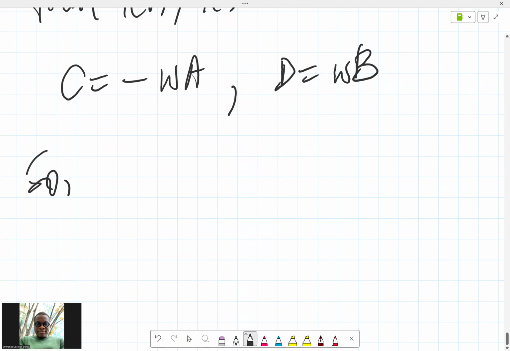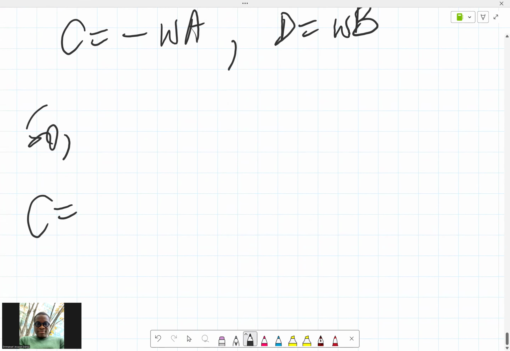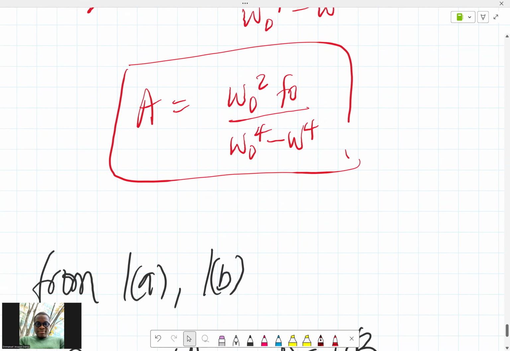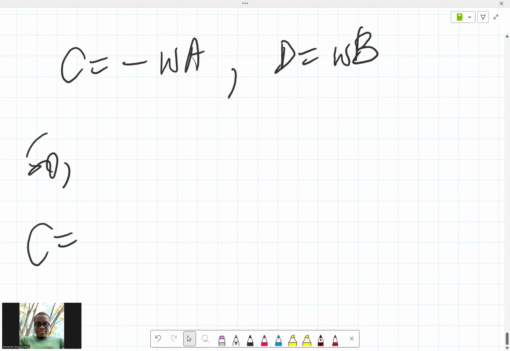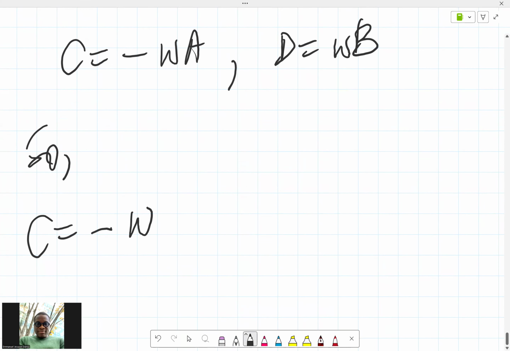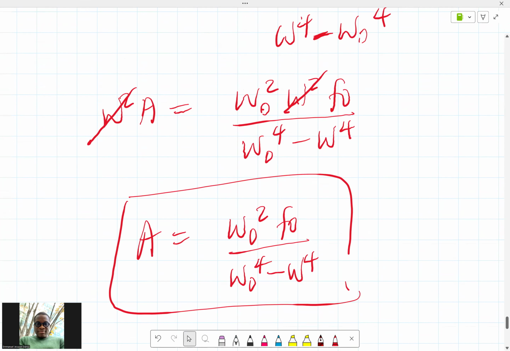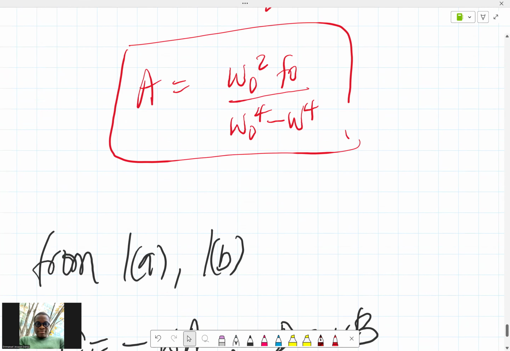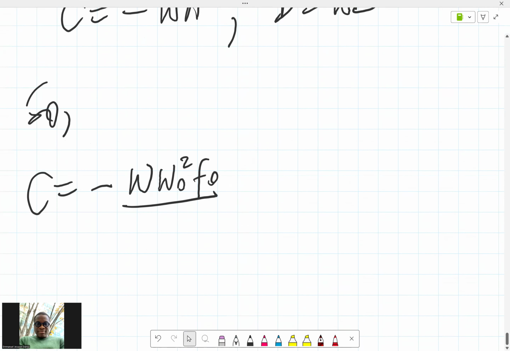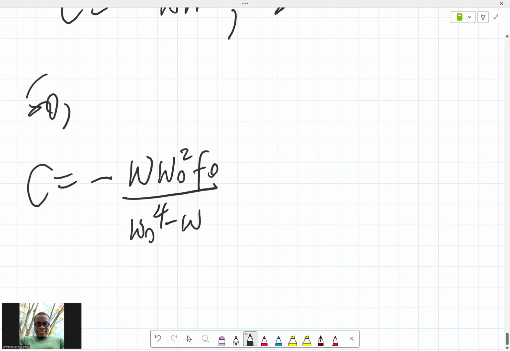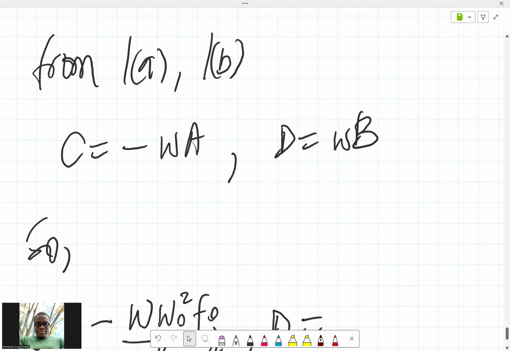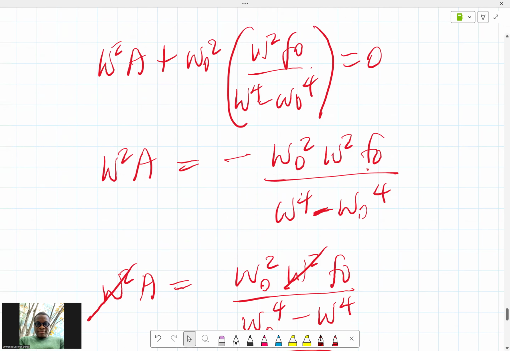So C is minus omega times A. If A is this, minus omega A would just be minus omega, then omega naught squared F naught all over omega naught 4 minus omega 4. Then D itself is omega B.